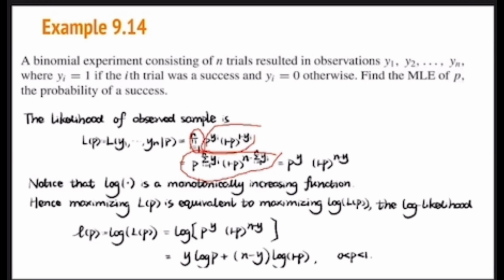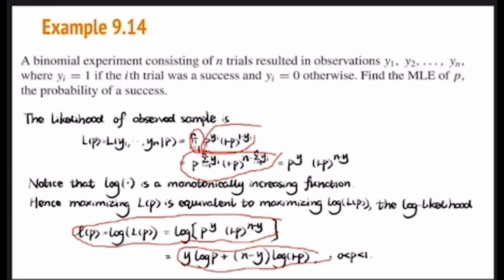Notice that log is a monotonically increasing function. So maximizing the likelihood is equivalent to maximizing its log. Taking the log of the likelihood, you see what we have, mathematically speaking. You see where we are?